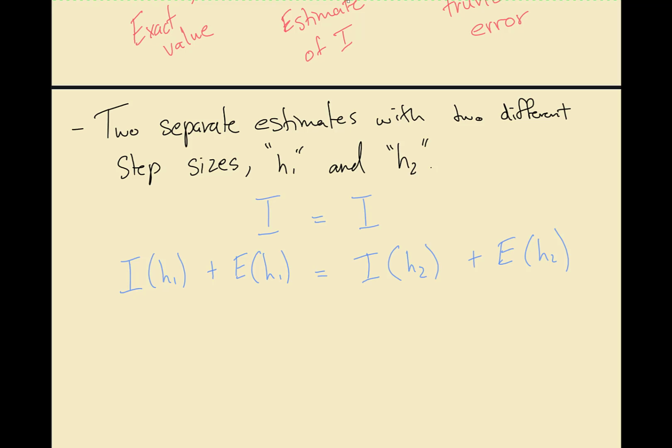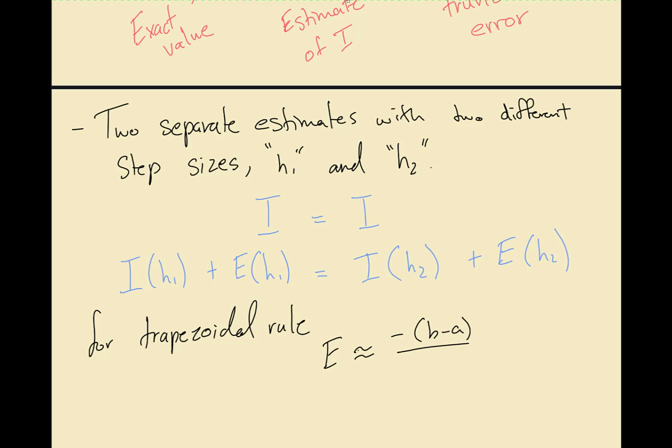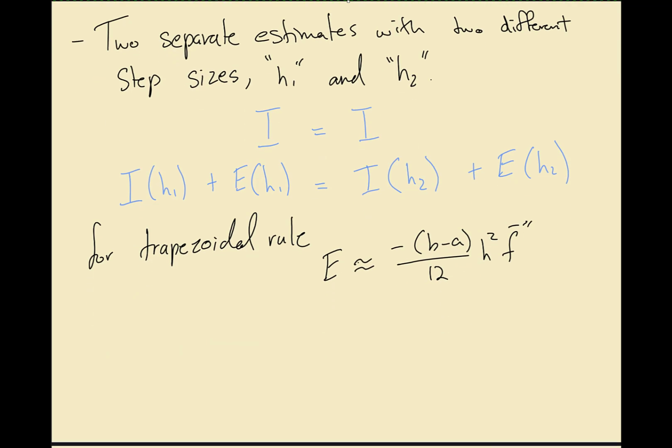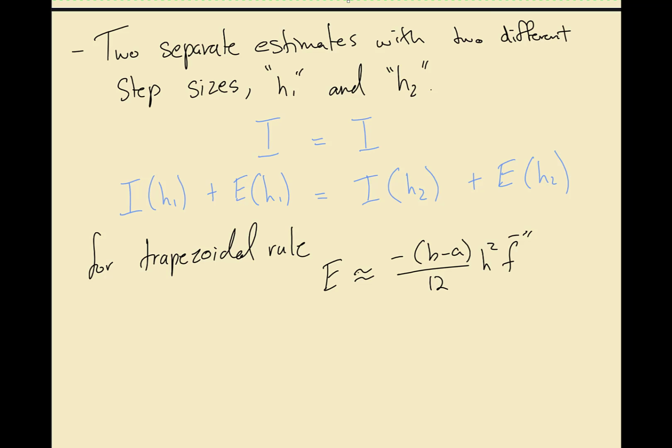So looking at the trapezoidal rule, the approximate error is equal to negative (b minus a) to the power of, nothing in this case for the trapezoidal rule, times h squared times f double prime, the average second derivative. If we are changing the step size, h1 and h2, does the average second derivative change?